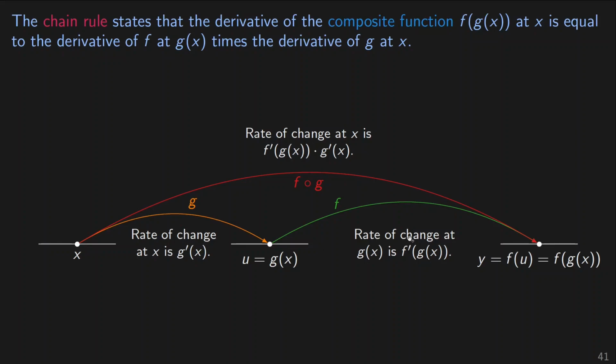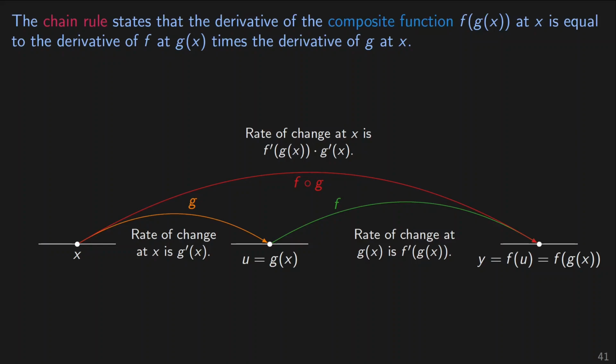And the rate of change at this new point, g of x, is f prime at g of x. And so the overall rate of change of this function f of g of x is then the product of these two things. So f prime g of x times g prime x. That's the idea of the chain rule.